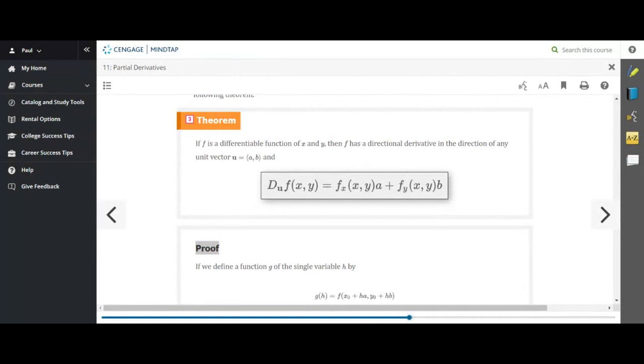The directional derivative of a function in the direction of any vector u is equal to this linear combination of the partial derivatives with respect to x and with respect to y. The weights are the components of the vector u, the component A and the component B.